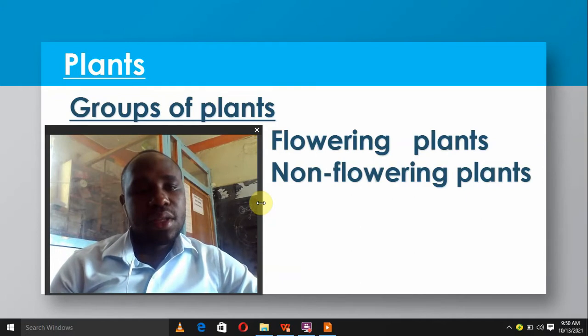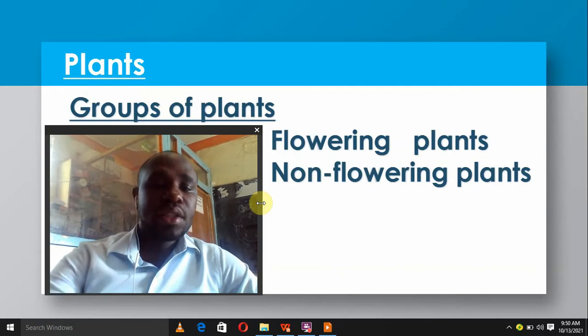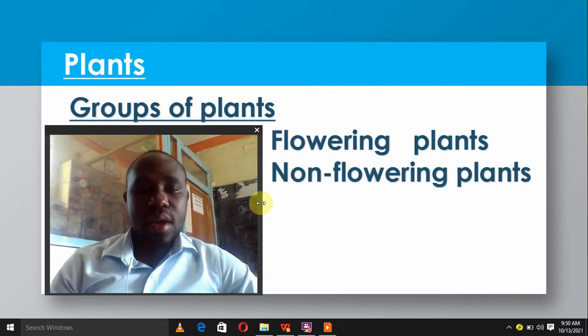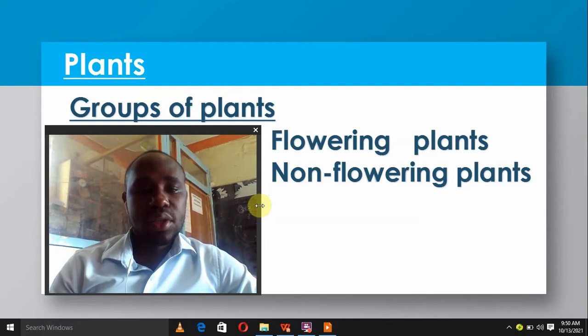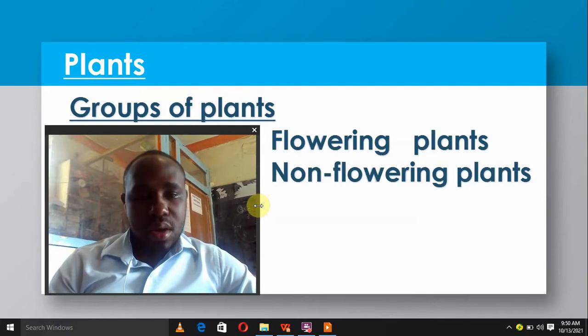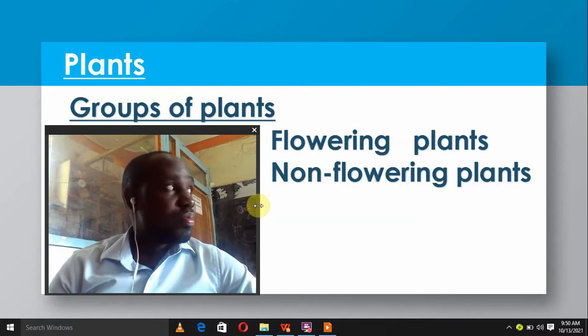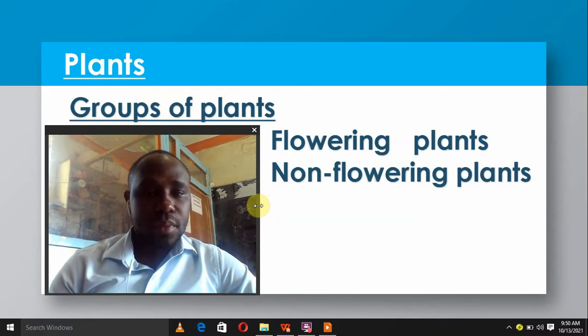Most or almost all of the living organisms in the environment depend on plants. Since plants manufacture their own food, and that process of manufacturing food is called photosynthesis, that is what makes plants so special.